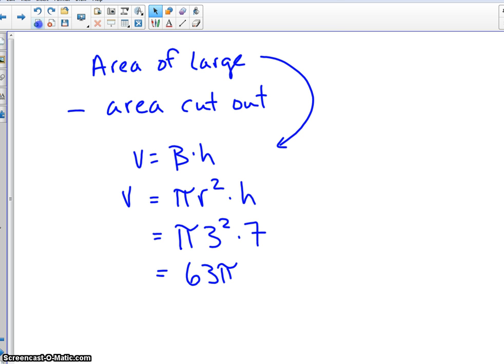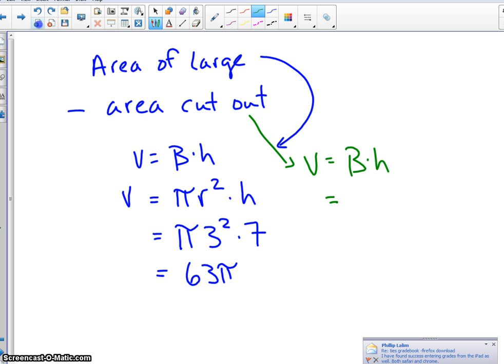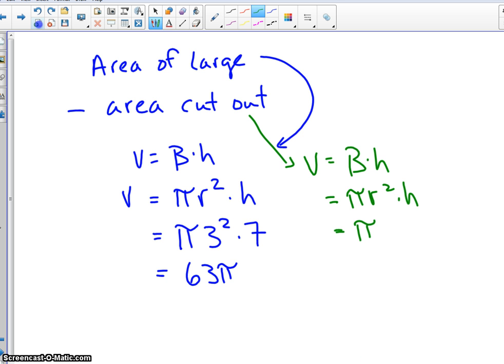Okay, so that's the big part. Now we're just going to find the volume of the one that we're cutting out. So that volume, again, is area of the base times the height. The base, again, is a circle, pi r squared times h. Now the radius of the small one is only 1. Height is still 5. So when we multiply this out, 1 squared is 1, multiplied by 5, we get 5 pi.